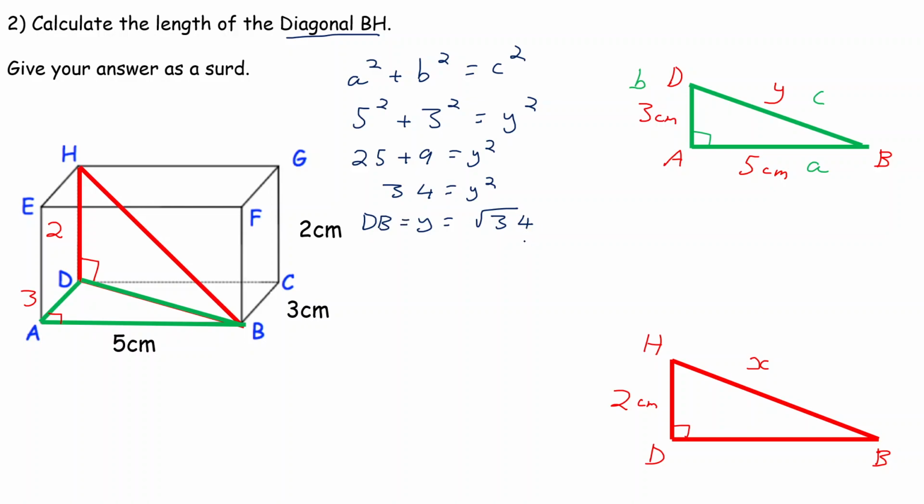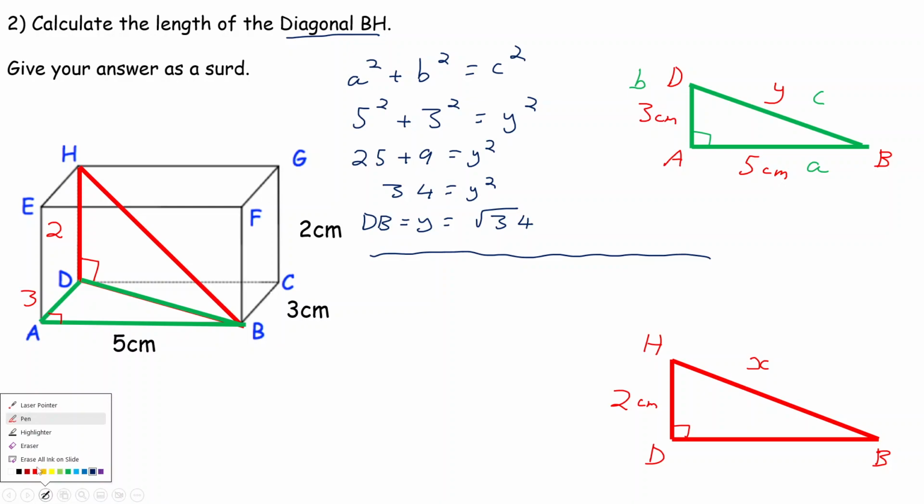Again, because I'm using this down here, leave it in exact form because you won't get any rounding issues. So I now know that DB is equal to root 34 centimeters. I can use Pythagoras because I've now got 3 sides: my hypotenuse C, and my 2 shorter sides A and B, in either order.